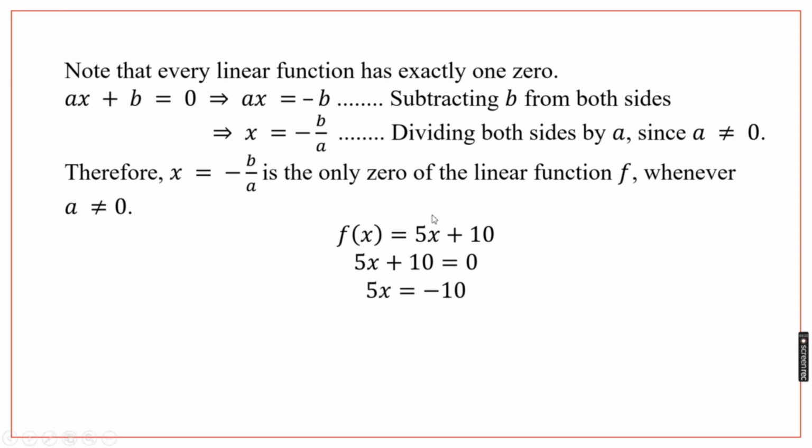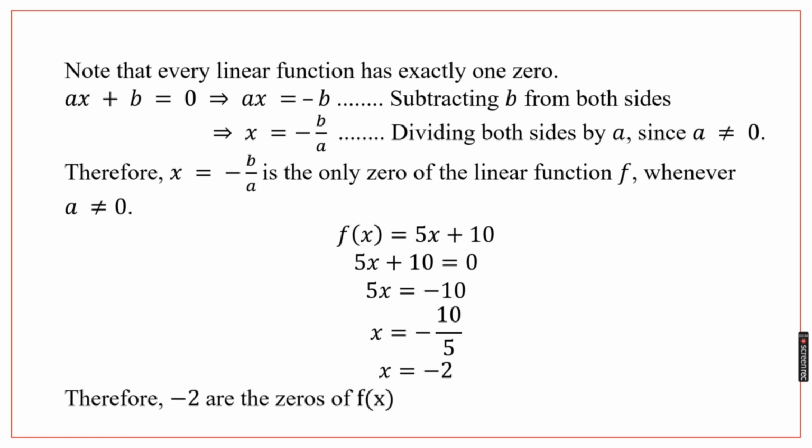We move positive 10 to the other side, and it becomes negative 10. Dividing both sides by 5, x equals negative 2. So x equals negative 2 is the zero of 5x plus 10, the zero of the linear function 5x plus 10.